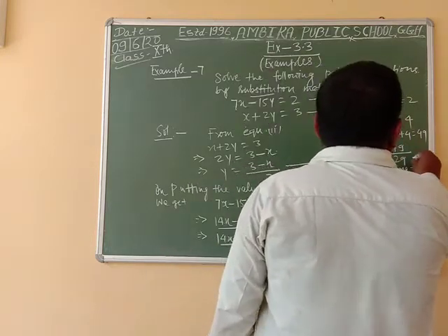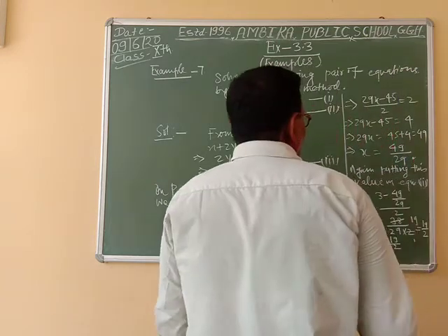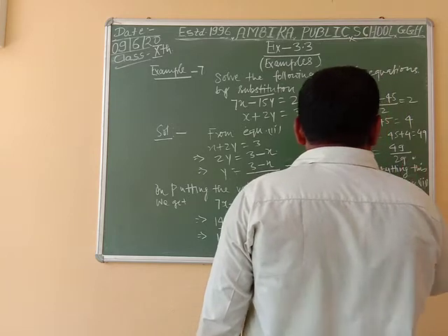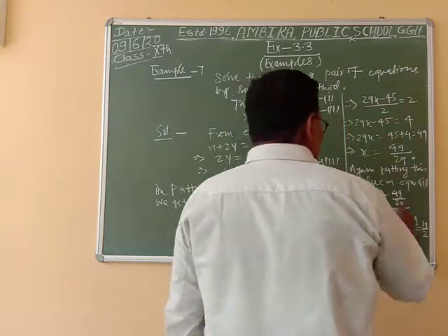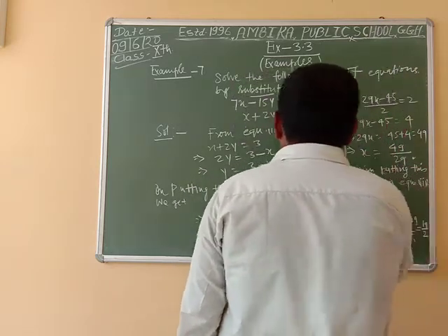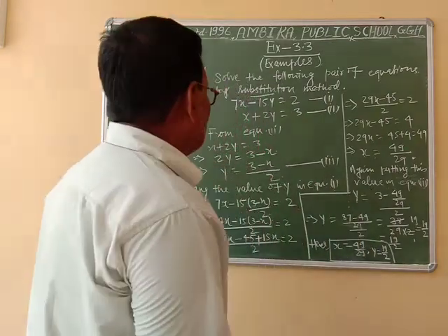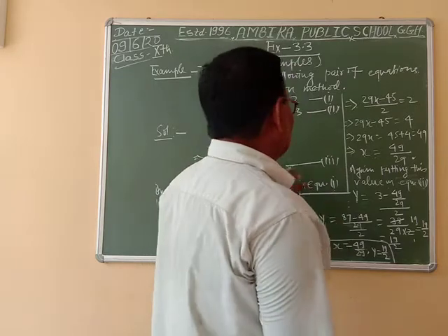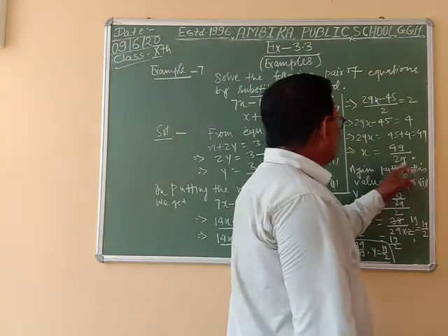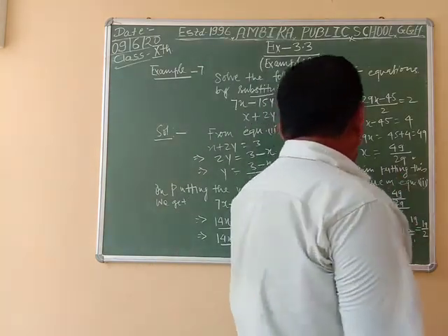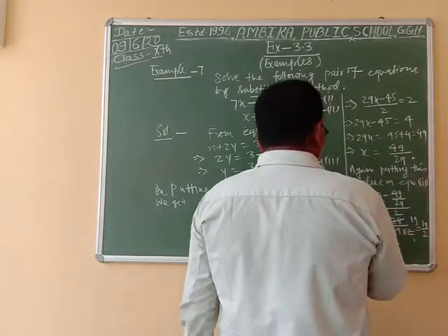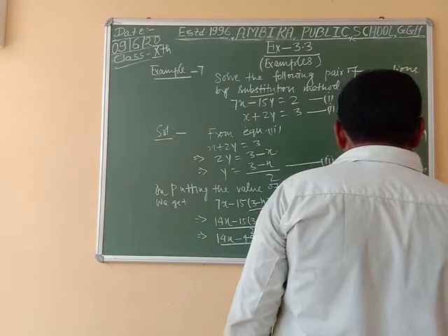Here we have x is equal to 49 by 29, and after that, putting this value in equation number 3, y is equal to 3 minus 49 by 29, and after solving, we get y is equal to 19 by 2.